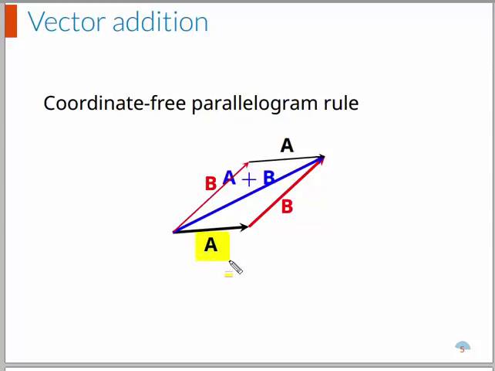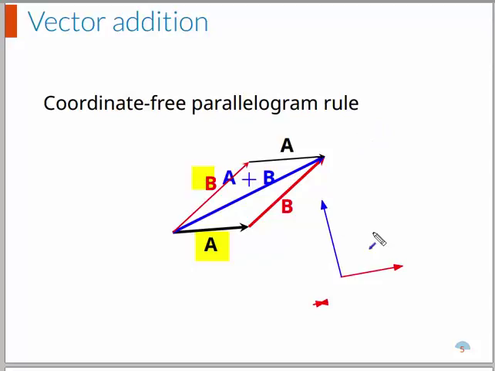Here's one vector, A, and now let's get another vector, a blue one, and we're just going to call that B. So that's A and B.